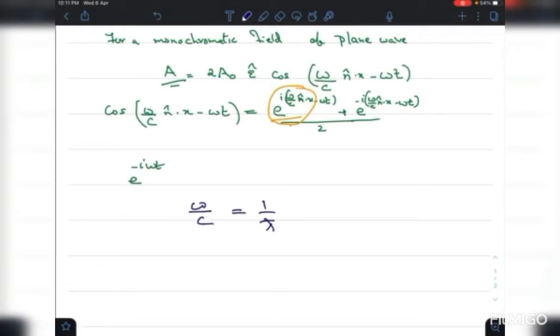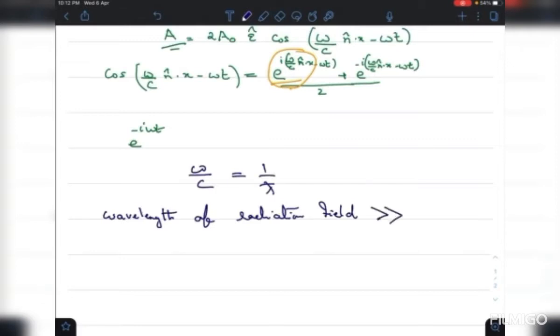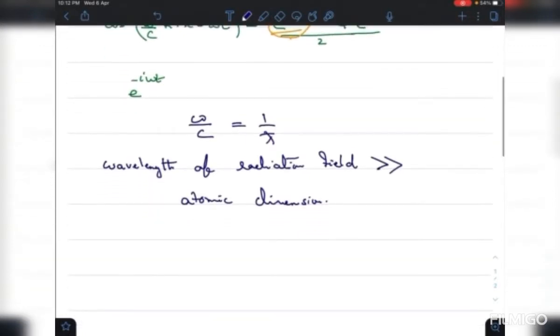So here is where the approximation is, that is, the wavelength of the radiation field is very much greater than the atomic dimension.